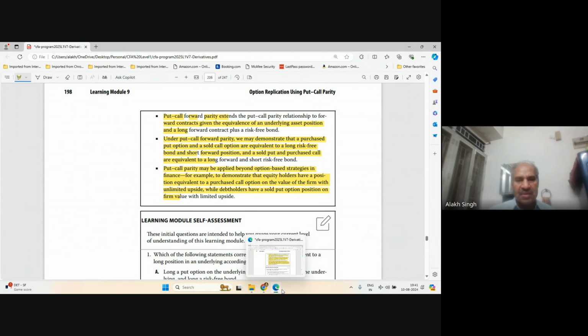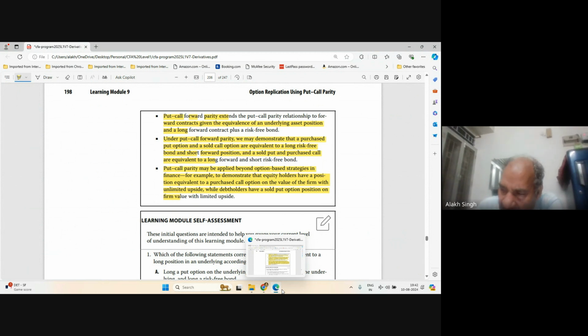But for simplicity, F0T is equal to S0 times (1 plus R) to the power T, or S0 is equal to F0T divided by (1 plus R) to the power T. That's very simple. So substituting S0 with the forward will give us put call forward parity.